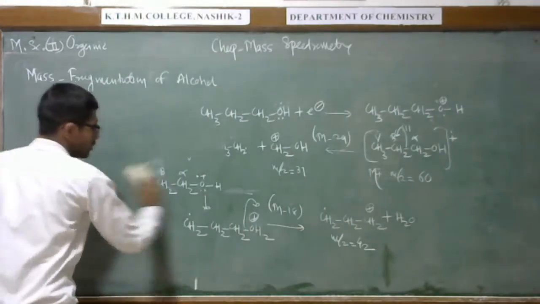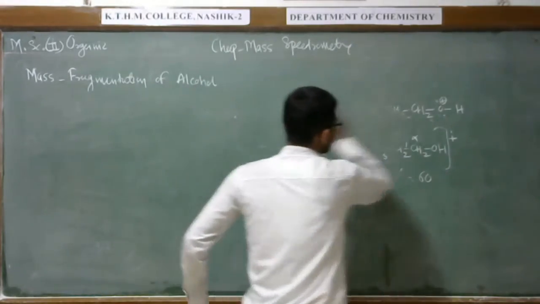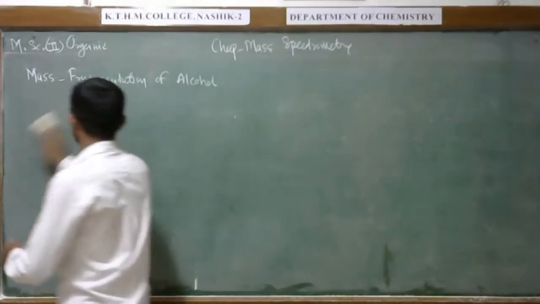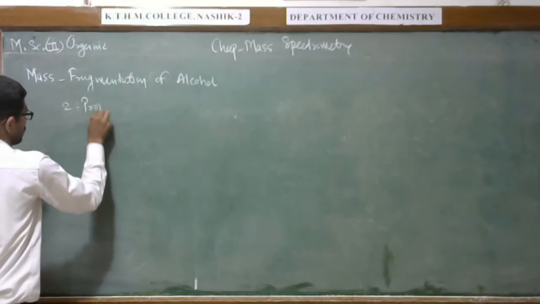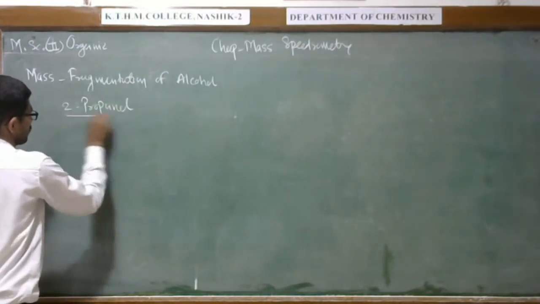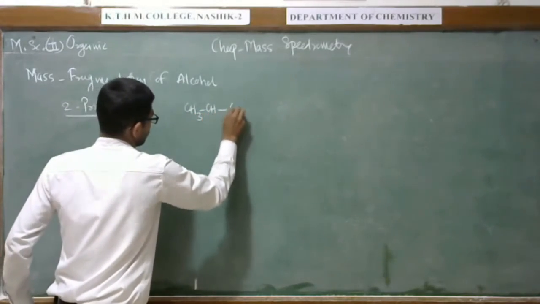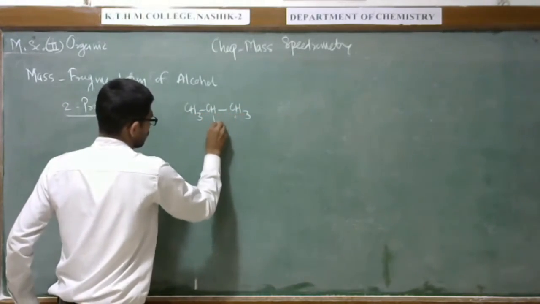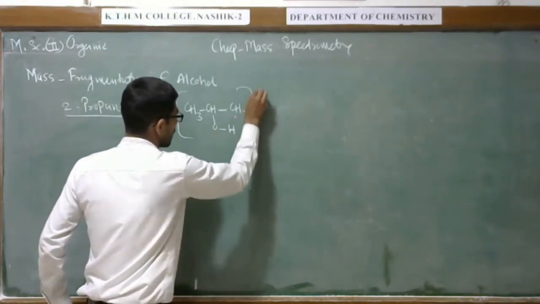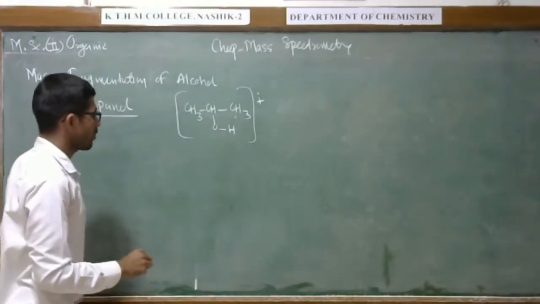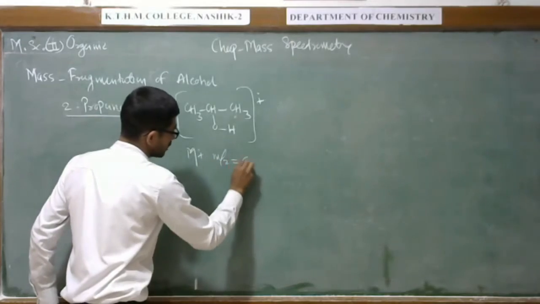Next example, 2-propanol. Suppose this is the molecular ion peak. We can already mark the mass to charge ratio 60 value.